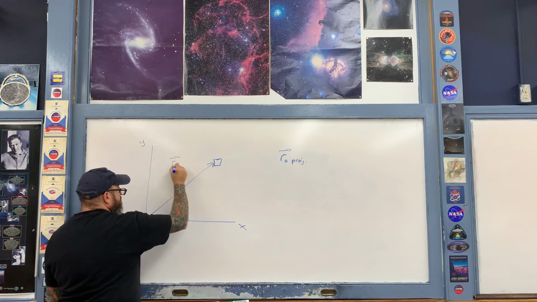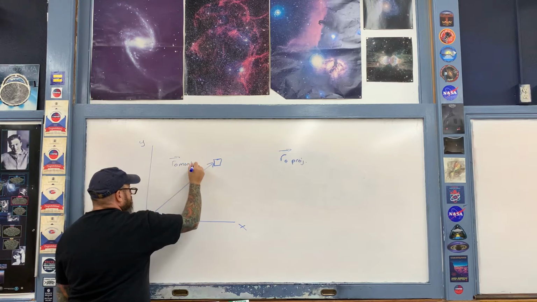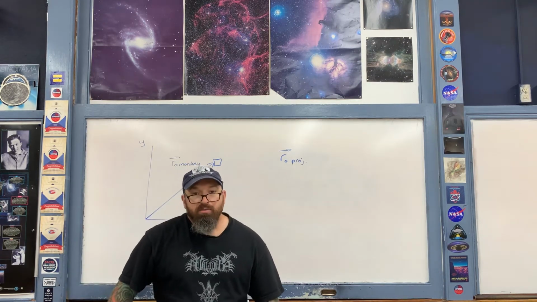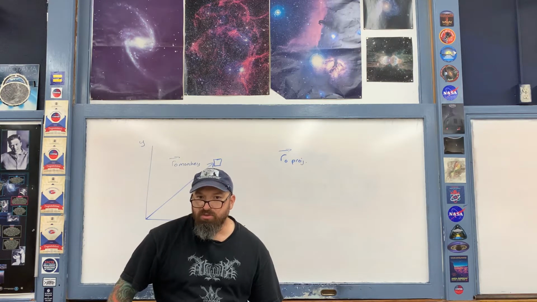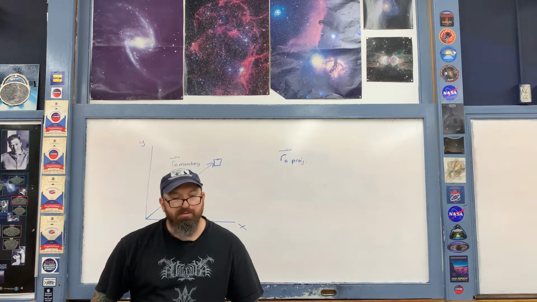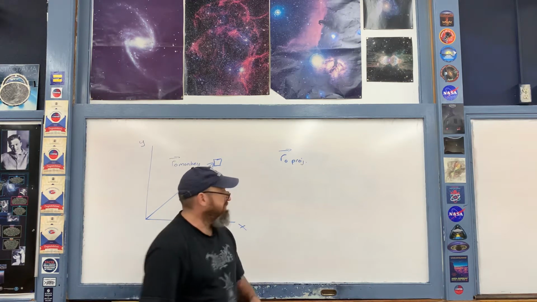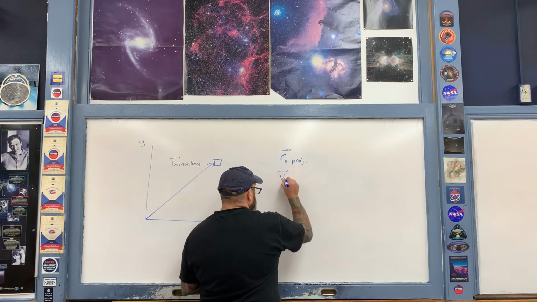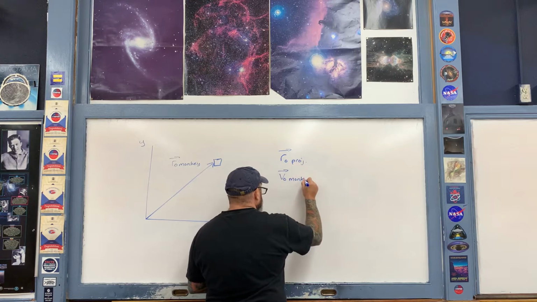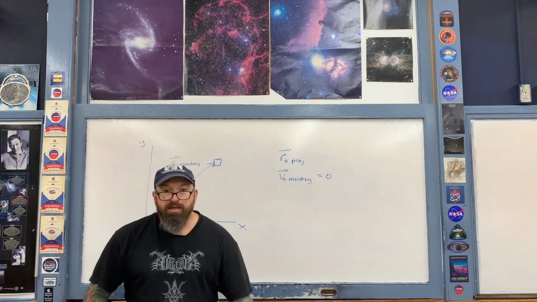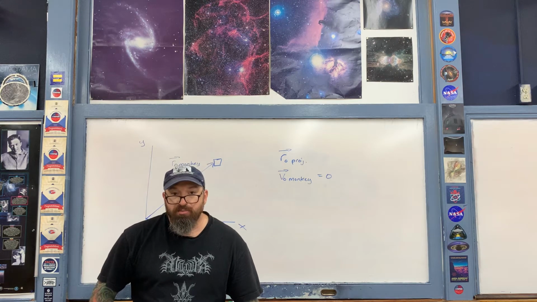Right here, we're going to label this as r0 monkey. Okay, and then we have the initial velocities of the two objects. The initial velocity of the monkey is equal to 0 because, as you saw, the monkey is dropped from rest. So v0 monkey is equal to 0.